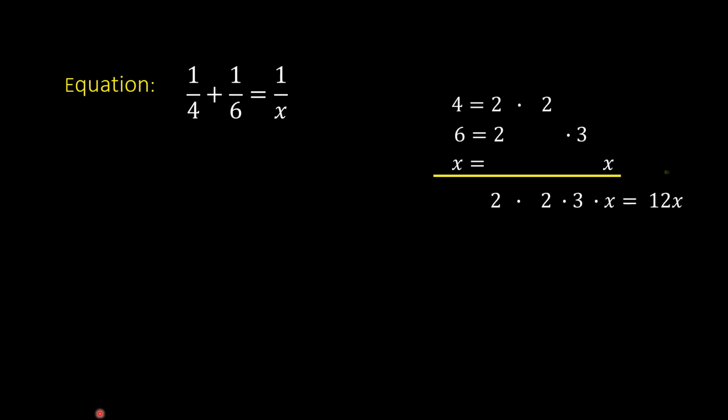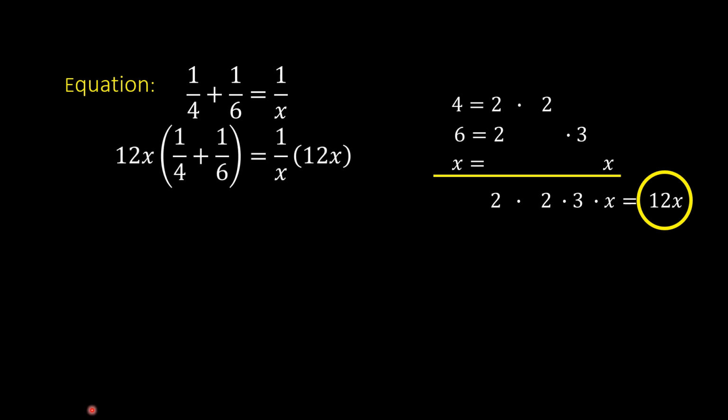So we have here 12x. Multiply both sides of the equation by 12x. 12x divided by 4 is equal to 3x times 1 is 3x, and then 12x divided by 6 is 2x times 1 is 2x. 12x divided by x is 12 times 1 is 12.